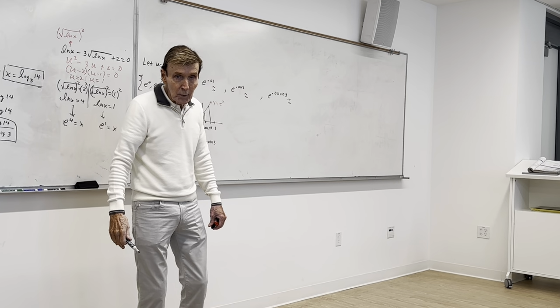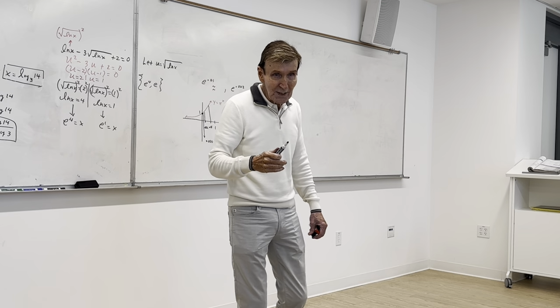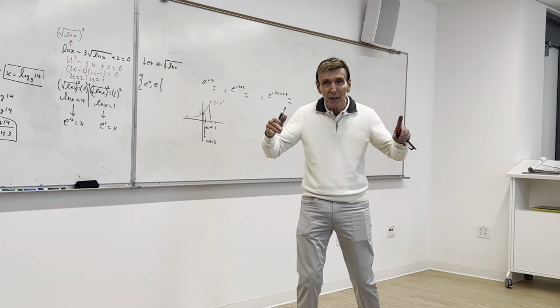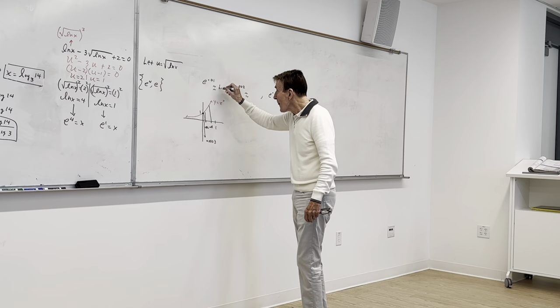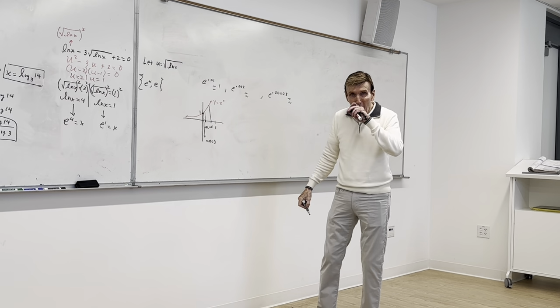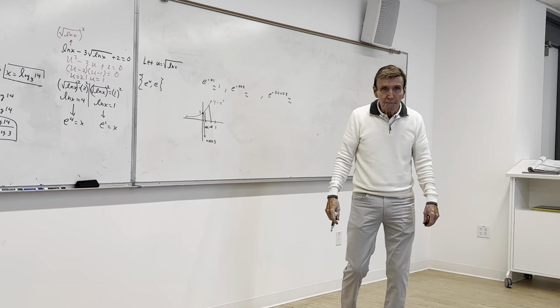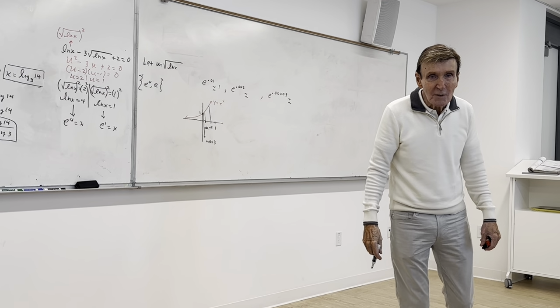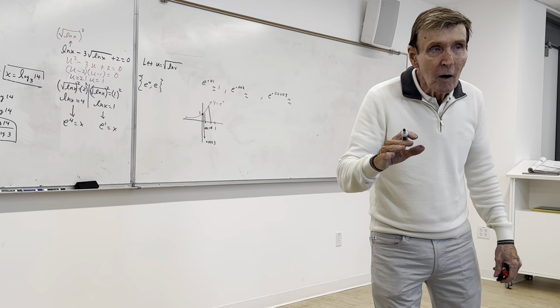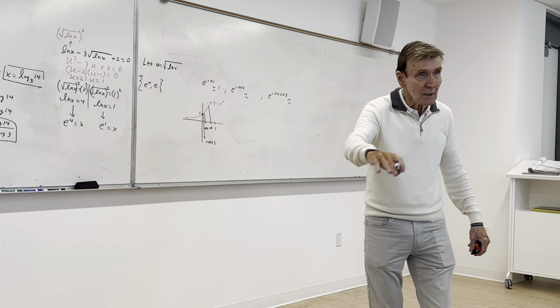Mr. Park, do me a favor real quickly. Find e raised to the 0.01 and see how close to 1 the graph says it should be. How close to 1 am I? It's like 1.01. Now see how close this one is.